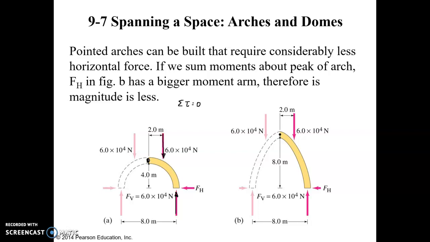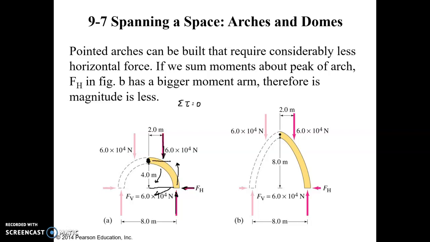So if we sum the moments about this point, okay, we've got this force causing a moment or torque in that direction, this support pushing back up this way, and then we have the horizontal force. We have to resist the horizontal outward thrust of this arch, and it's going to push it back in this direction.